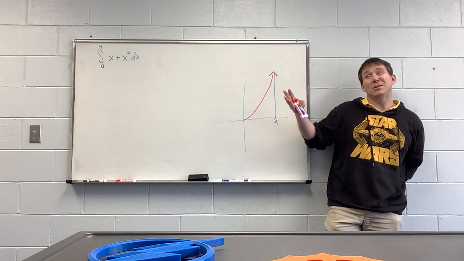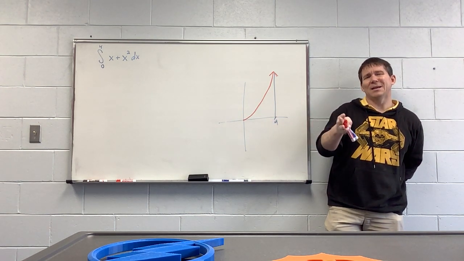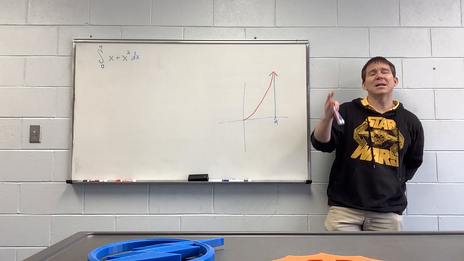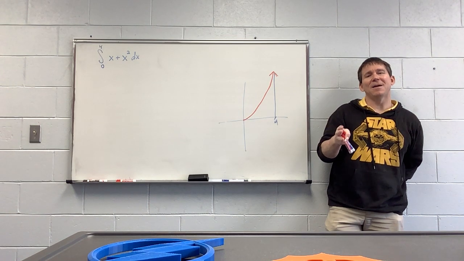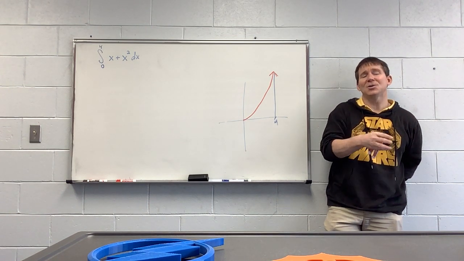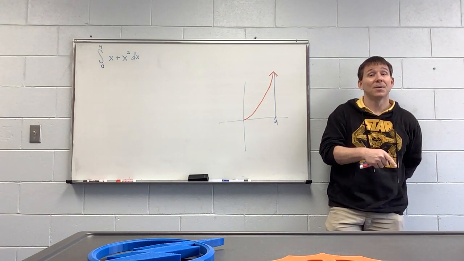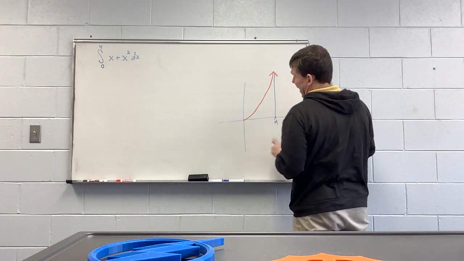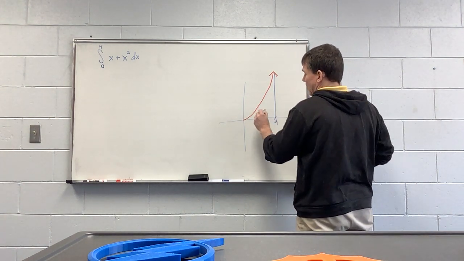And in Calc 1, you used a left endpoint, a right endpoint, and then a lot of times you would use the midpoint as the value for your approximation to try to eliminate as much error as possible.